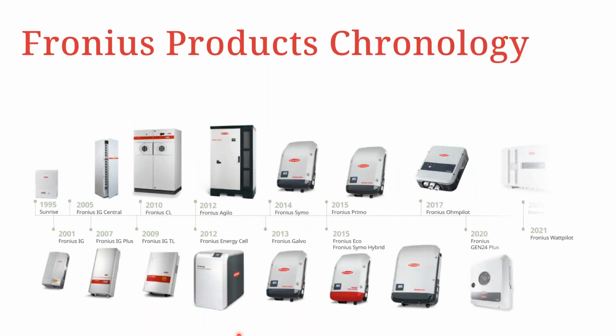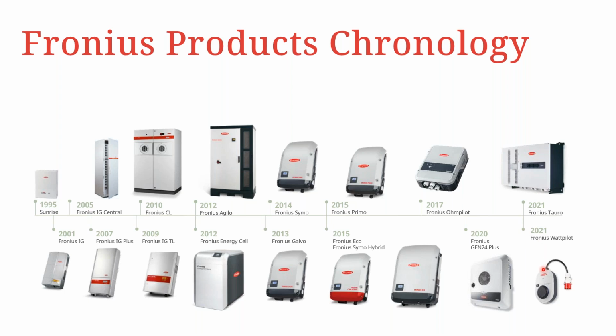So we'll have a list here of a product chronology, starting from the Fronius Sunrise, that was manufactured in 1995, all the way to the Fronius Tauro, which is our flagship commercial inverter that was launched in 2021.